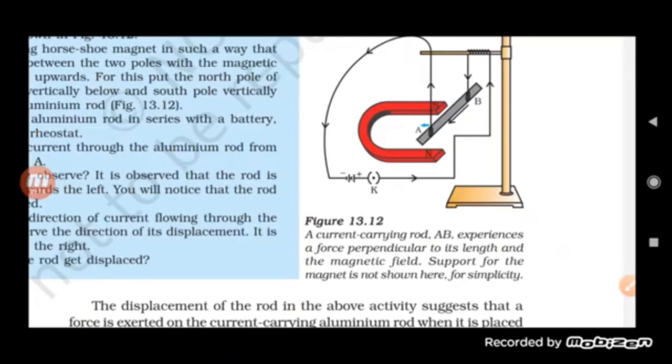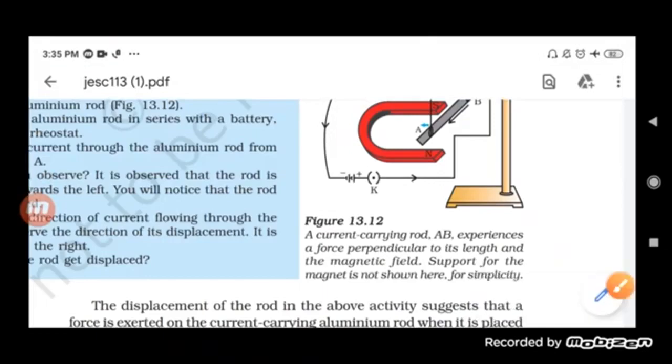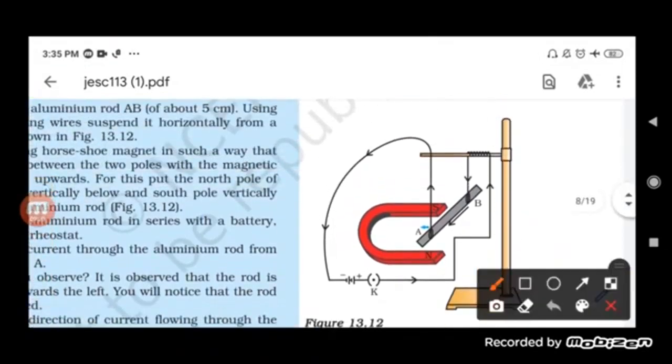When the direction of the current changes, then the movement of the aluminum rod also changes. And if the direction of the current flowing through it changes, then the movement of the aluminum rod also changes.